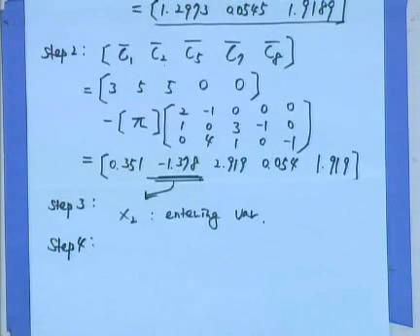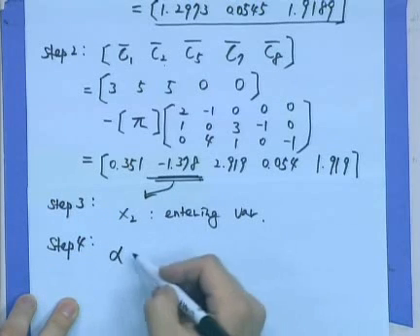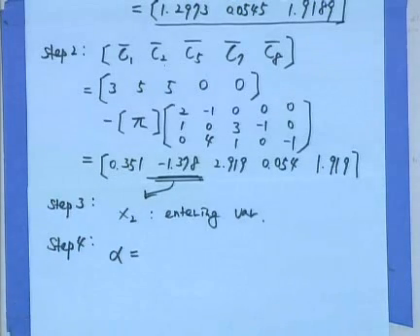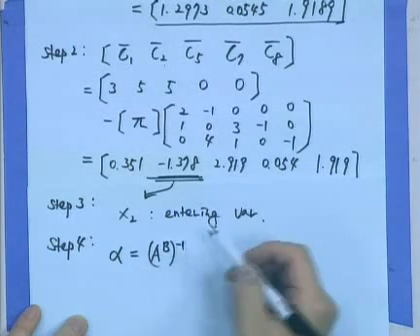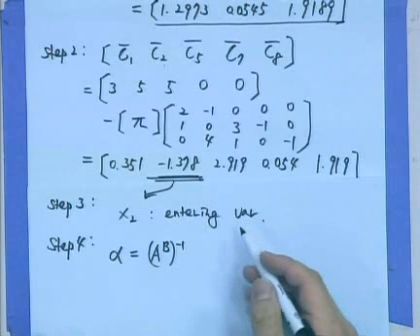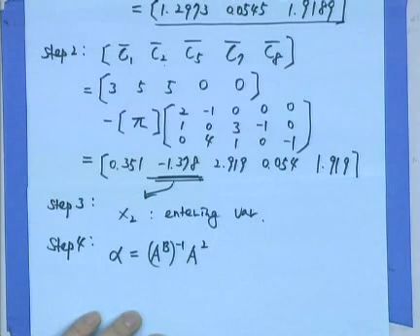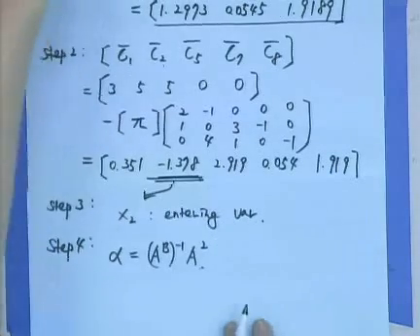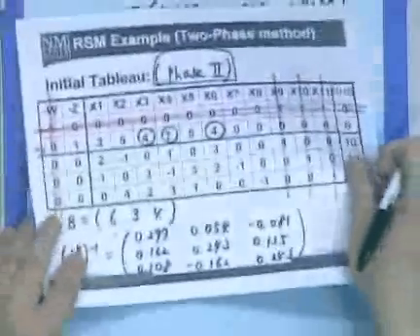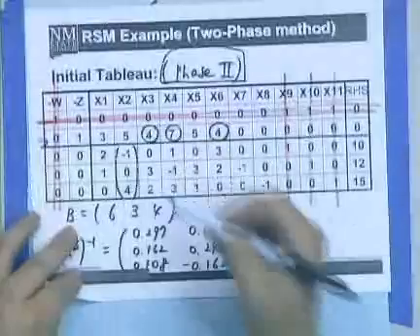Next step is to compute the substitution rate, right? And what is this? A superscript 2 is negative 1, 0, 4, right?